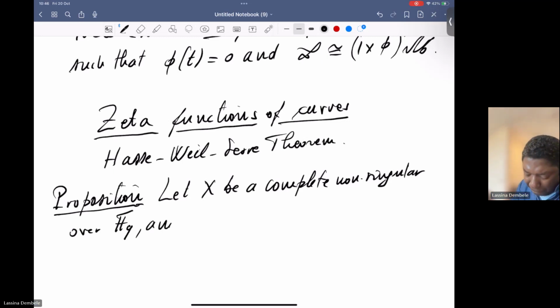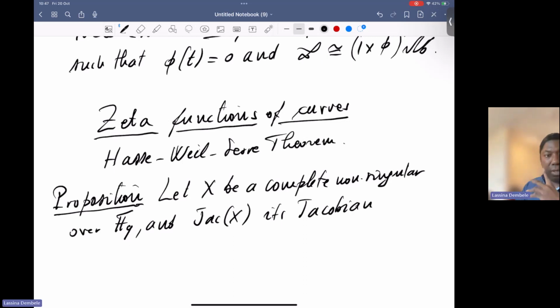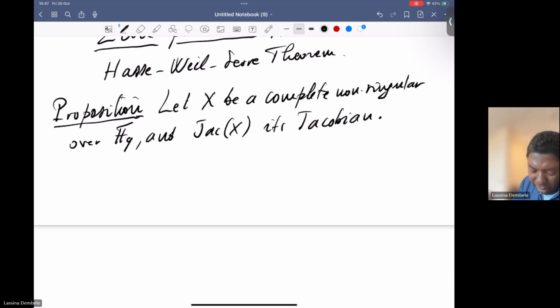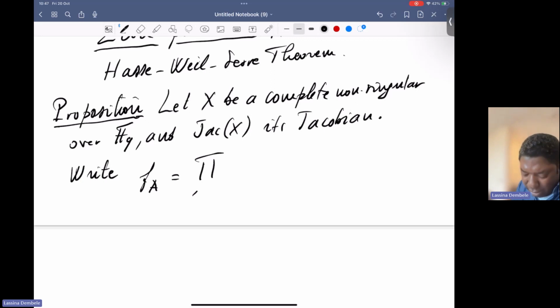And I'm going to let J be its Jacobian. And then we're going to write the characteristic polynomial of Frobenius as this product, i going from 1 to 2g of t minus alpha i, right?